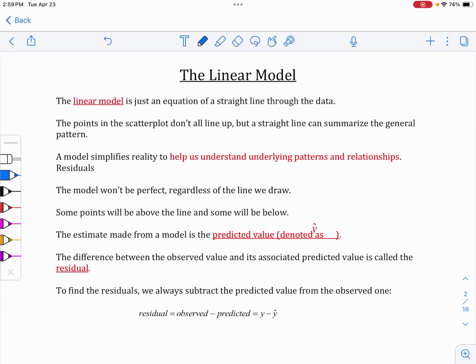But in order to do a best fit line, which is what we're doing, we have to talk about the errors, and we call those errors residuals. A residual is the observed value minus the predicted value. The actual number versus our guess of that number. Now, the good news is StatCrunch is going to do all these calculations for us, creating the best fit line to that data.